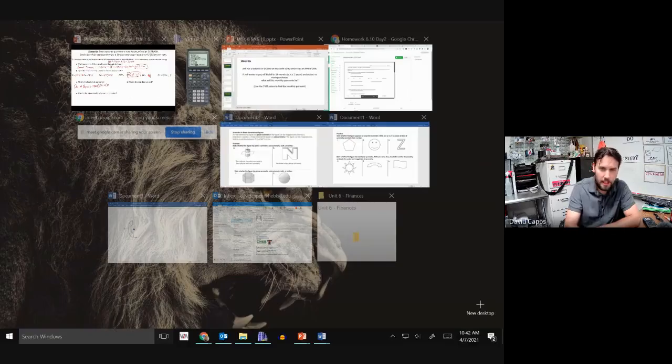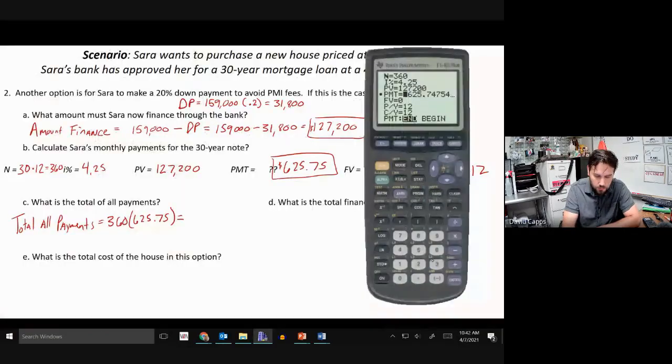Let's calculate that in the calculator. And you get $225,270.